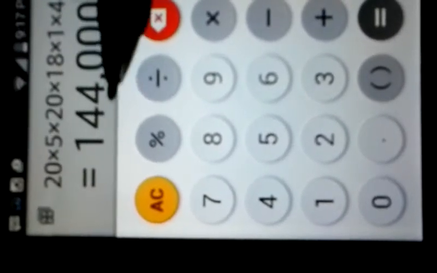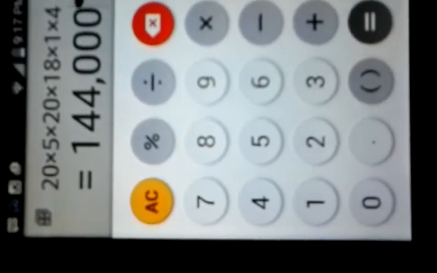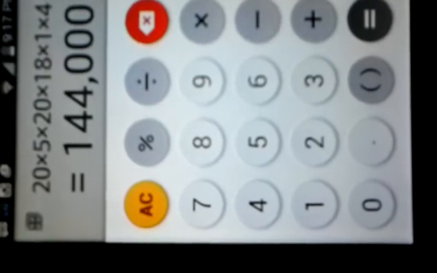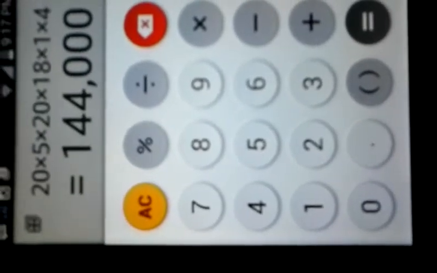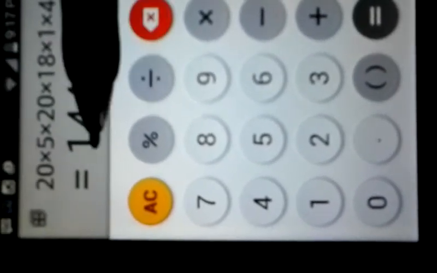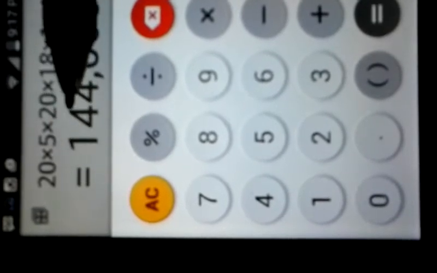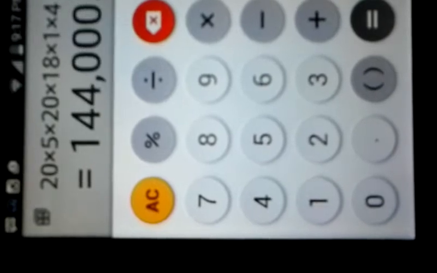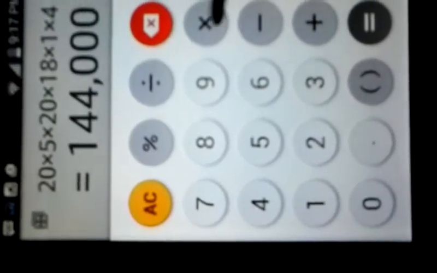The word tetrad, when multiplied, gives you 144,000.